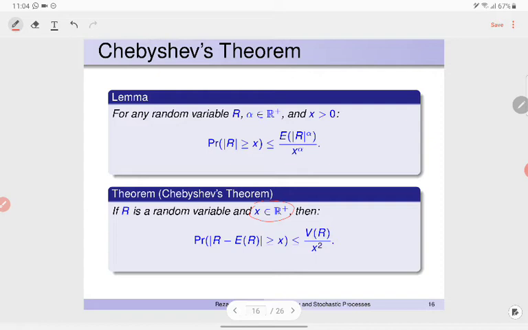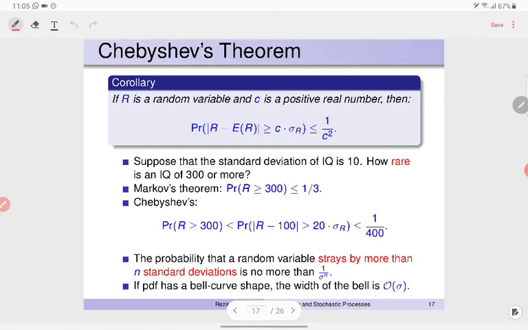So right now, if our knowledge is greater, namely we know the expectation and we know the variance of the random variable, then we have a tighter bound. And we can also see this.